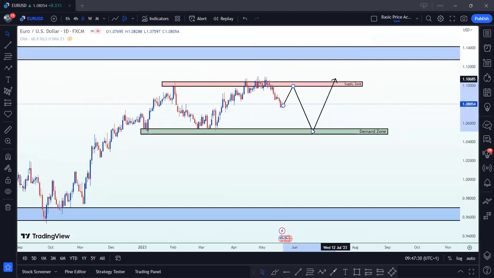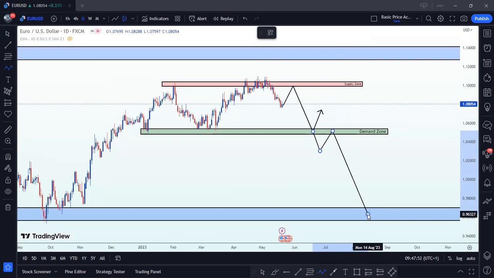But before we get to this point, we want to see what the market will do here. Would it bounce? If it doesn't bounce, would the market come through here and break it? If it breaks it, then we wait for a retest. From the retest, then we do what? Continue selling. And if we're selling, we're taking it all the way down to here, this key area of interest.